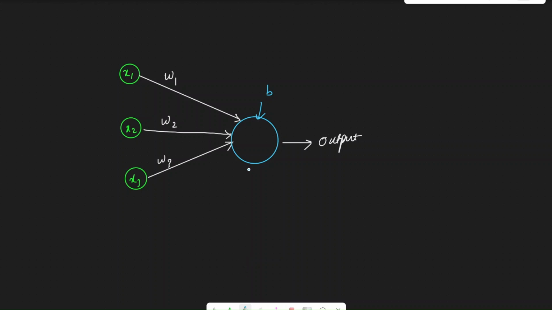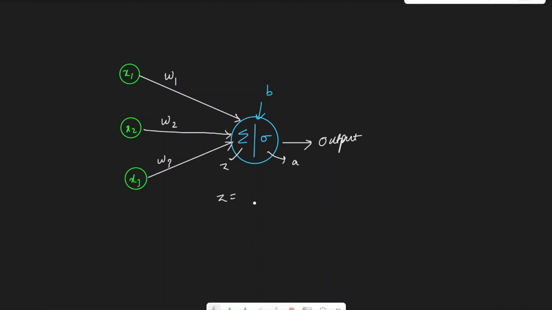Now here with the activation function, this neuron will perform 2 operations. First is this summation operation that we did earlier, and then it will pass this output into an activation function. The final output, first we will get Z, which is this output, and then we get A, which is output of this, and that is exactly the final output.